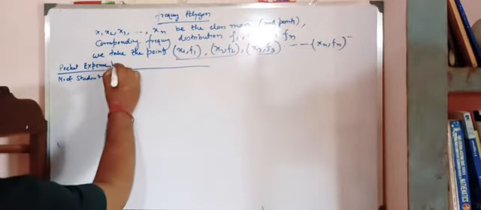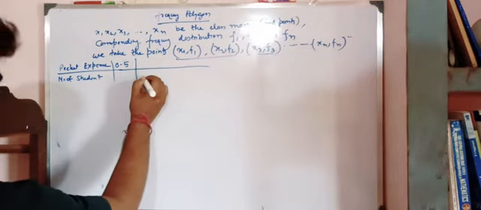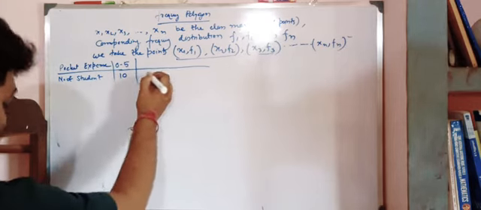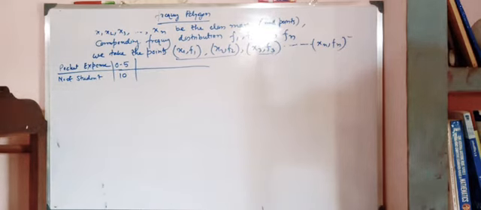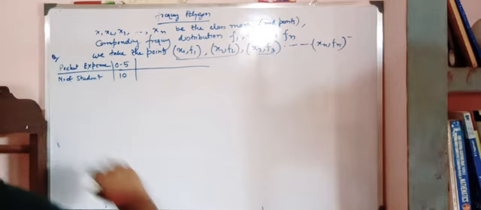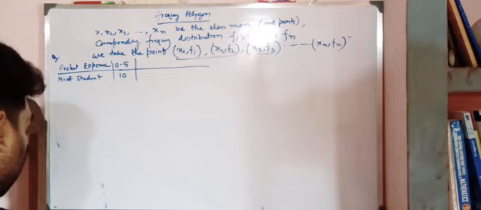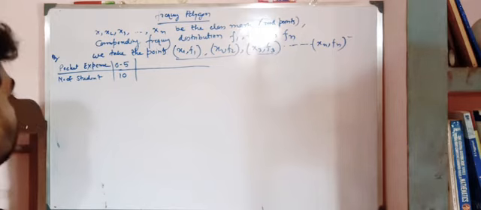Pocket expense 0 to 5, number of students 10. What is the question? I am reading it: the daily pocket expense of 206 students in a school is given below.